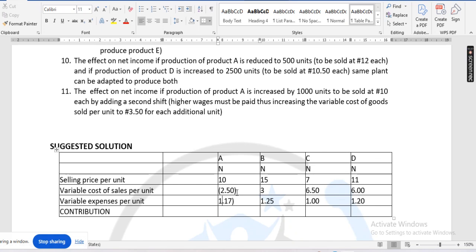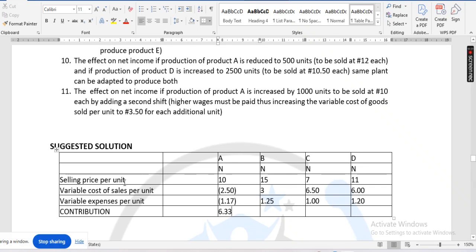I need someone to just give me the figure so that we can move ahead. Okay, for A, 6.33. Now, you should know that this 6.33 is per unit. It is 6 naira 33 kobo per unit, class.